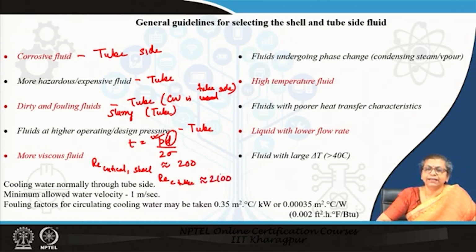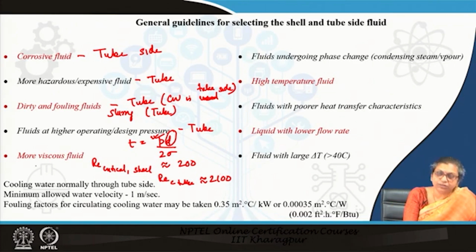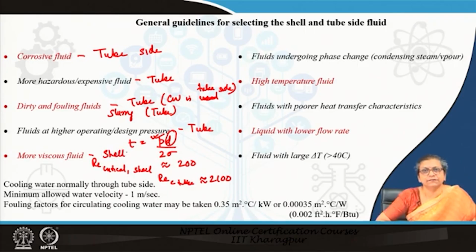So we find that the chances of having a turbulent flow and therefore greater mixing is more on the shell side as compared to the tube side. So when we have a more viscous liquid, in order to ensure that the flow is turbulent, we would like to introduce it on the shell side.